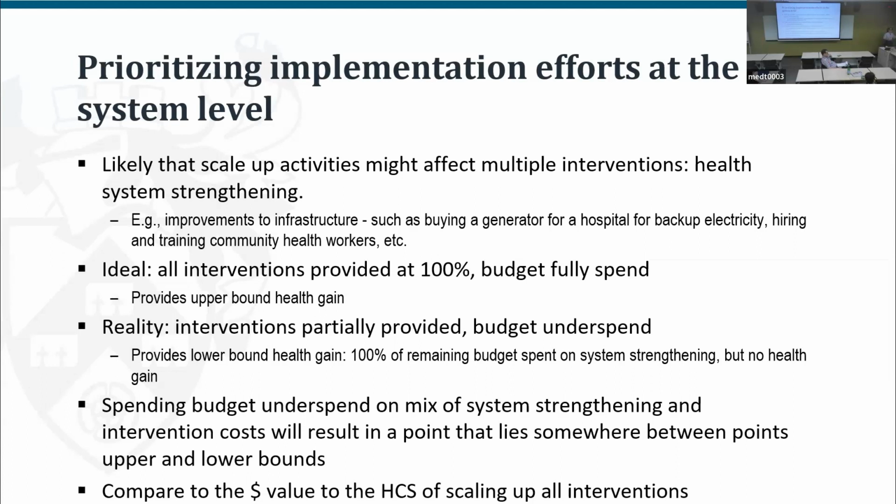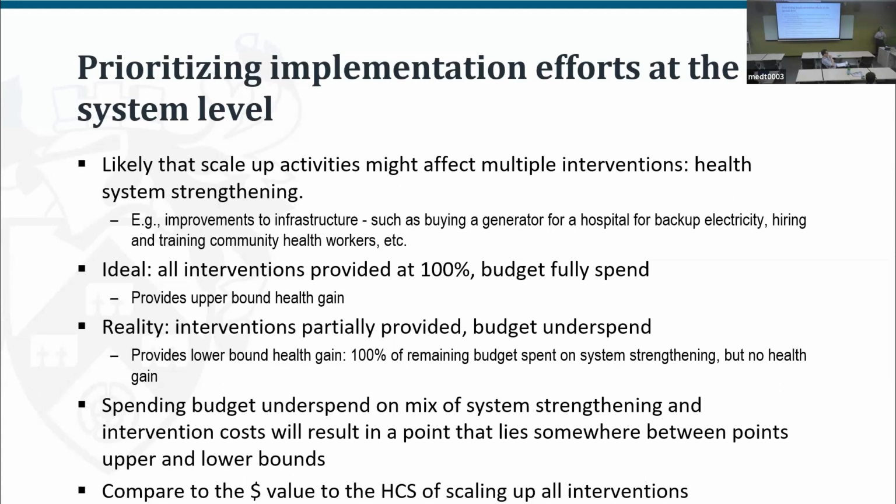Then we have the reality, where we have interventions at the level that they're currently being provided. So they're not provided at 100%, sorry. And also we are therefore not spending the same amount of money on everything. We're spending 50% providing an intervention that's sort of being rolled out at 50%, and this provides a lower bound to the health gain.